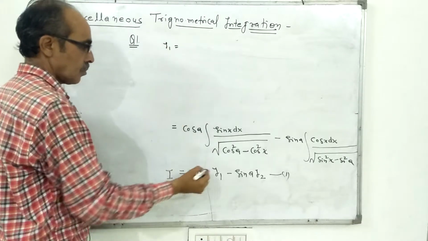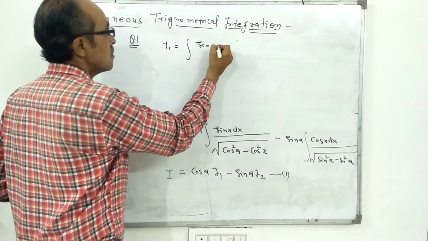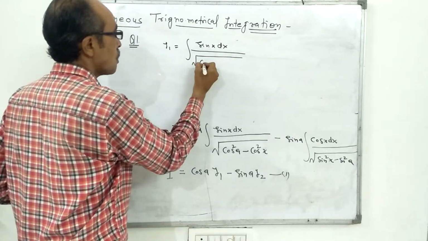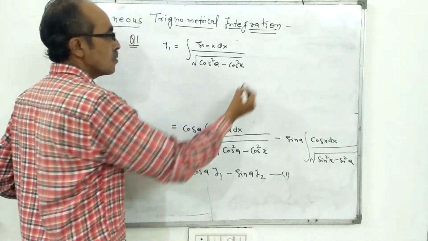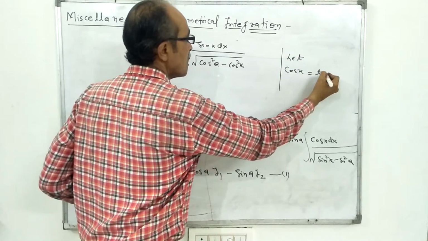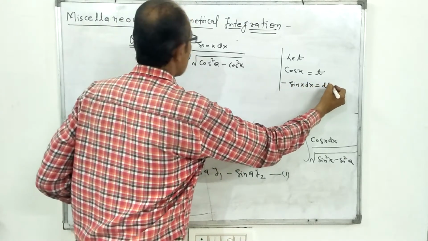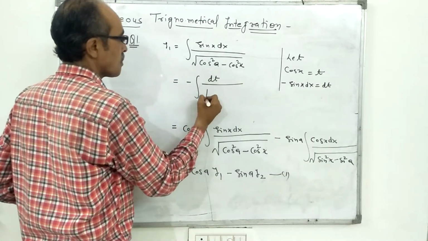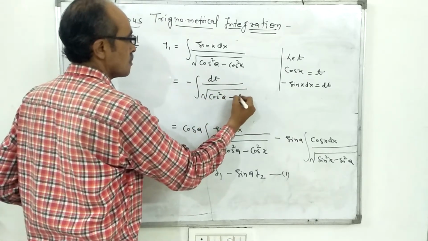I1 is equal to the integral of sin x dx divided by the root of cos square a minus cos square x. Let cos x be t, then negative sin x dx is dt, so we have negative dt divided by the root of cos square a minus t square.